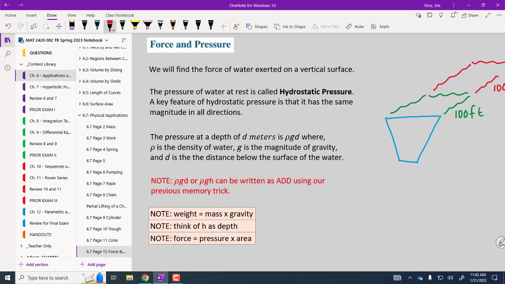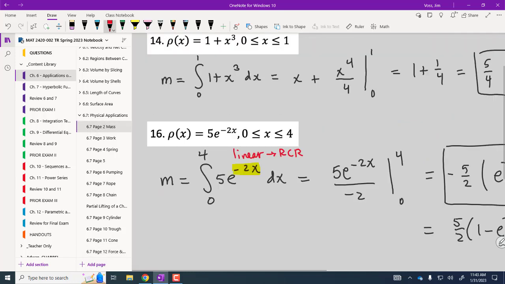Oh, that one specific thing won't be on the test, and that's where we're just finding the mass of a rock. Maybe the concept's important, integrating density. It's like a third.